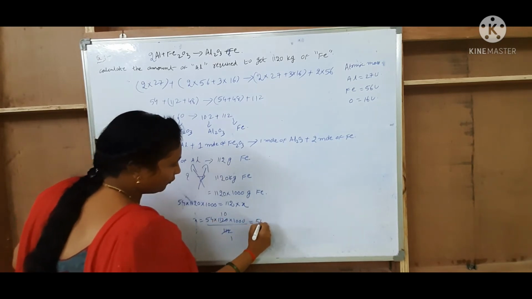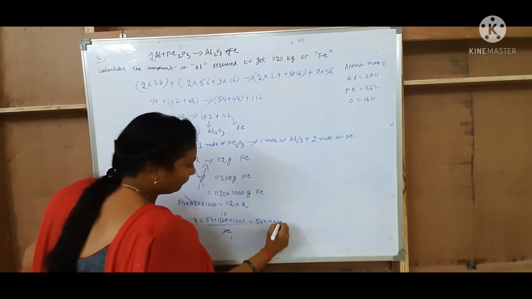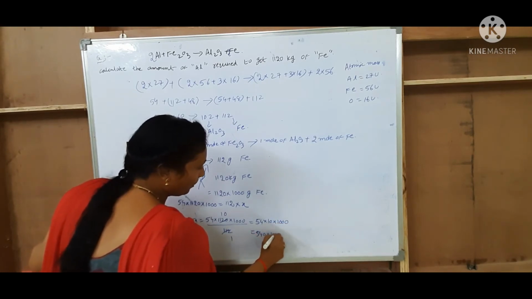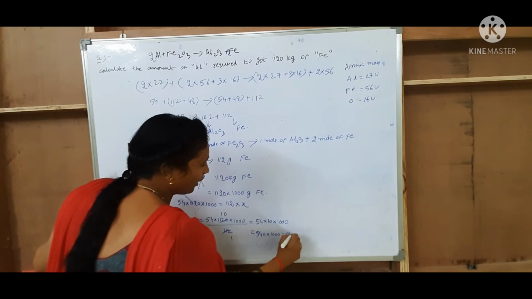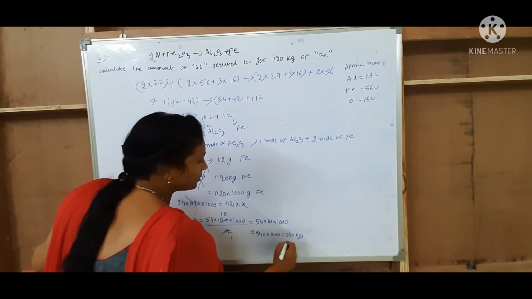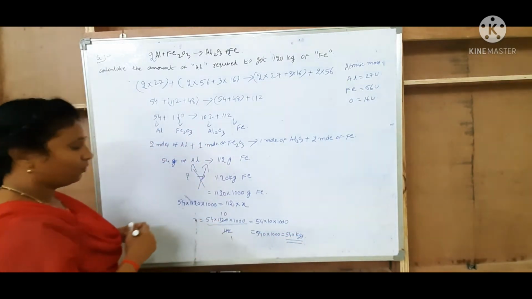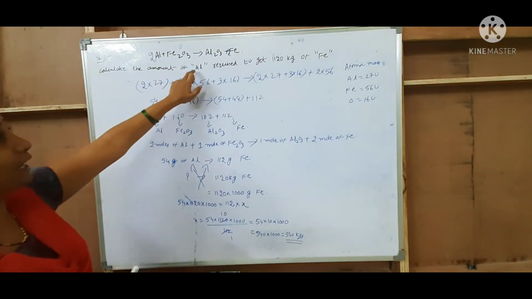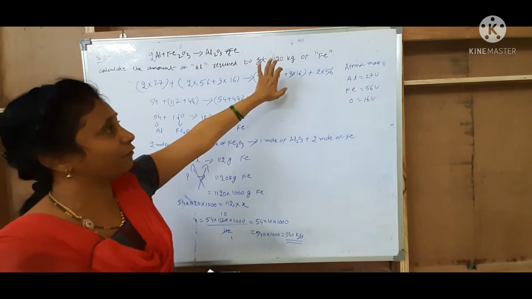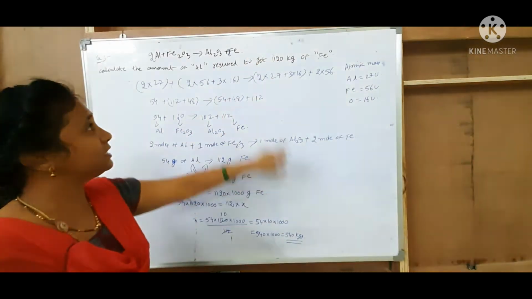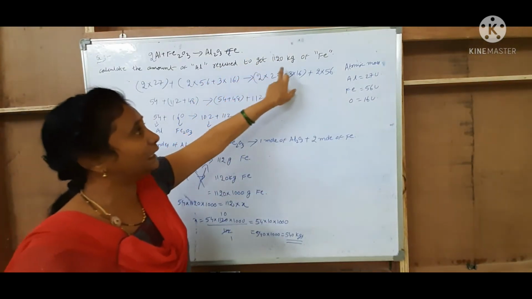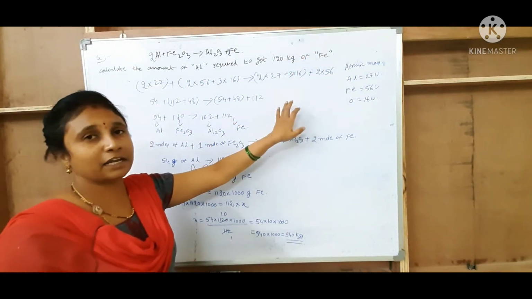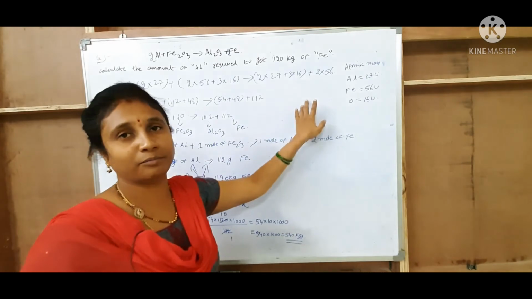That is equal to 54 into 10 into 1000, equal to 540 into 1000, equal to 540 kgs. This is the answer. So 540 kgs of aluminium is required to get 1120 kgs of Fe. Is it understood? Next I am going to another problem.